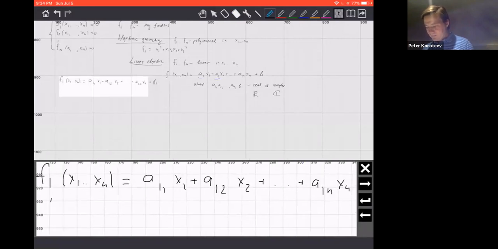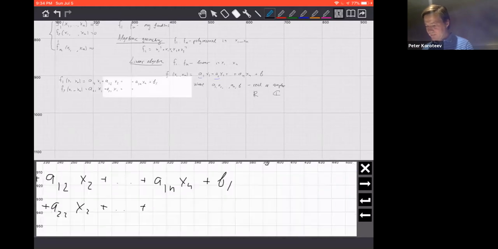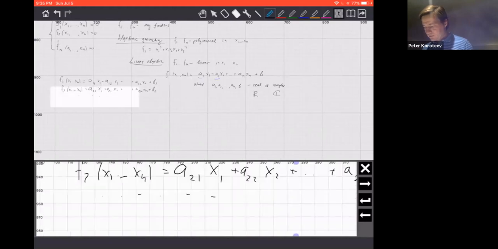Then f2 of x1 through xn will be equal to a21 x1 plus a22 x2 plus etc. plus a2n xn plus b2, and so on and so forth.